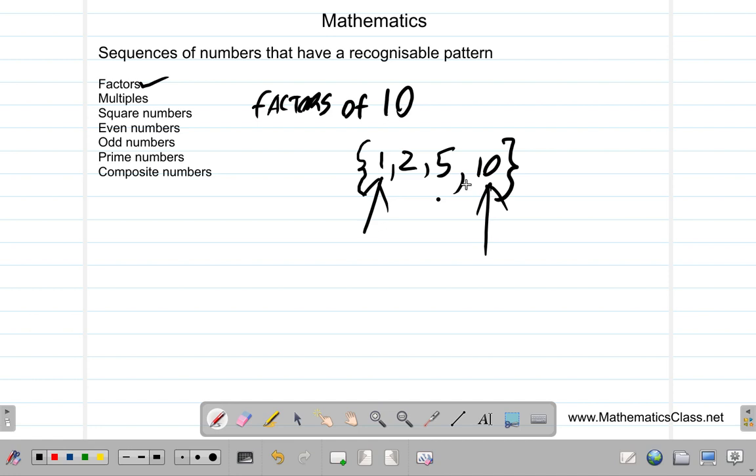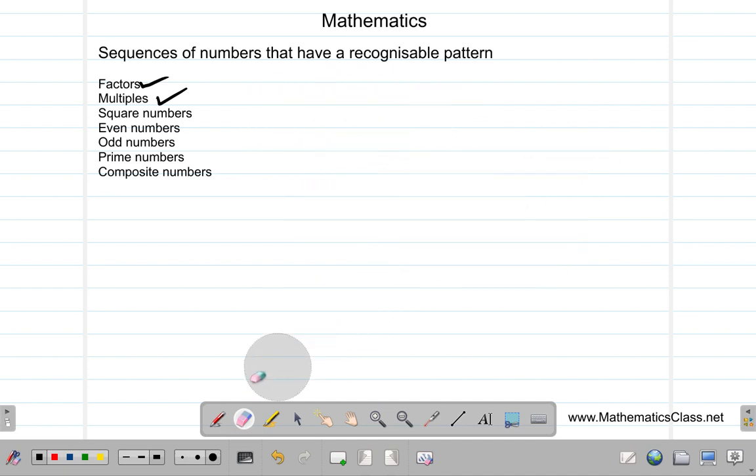Now, when we talk about another set, we call it multiples. Since we talked about factors of 10, we're going to talk about multiples of 10.